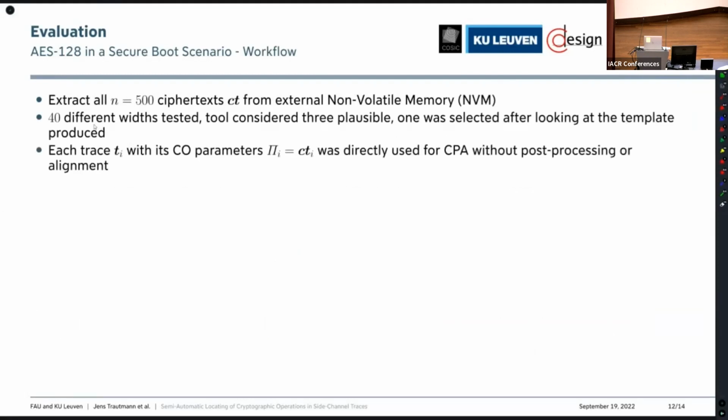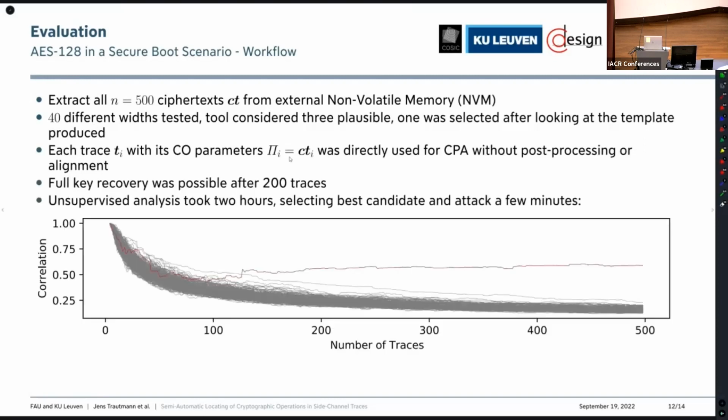If we then use all of the starting points to create a trace for each found starting point, we can associate that with the ciphertext that we found on the non-volatile memory and then use CPA directly on this data without any further post-processing or alignment of those found traces. And full key recovery with those traces is possible after only 200.